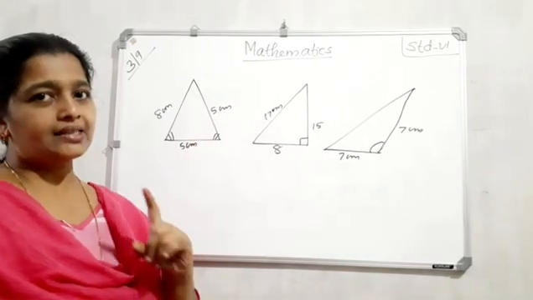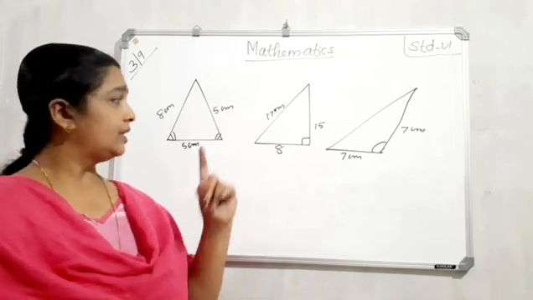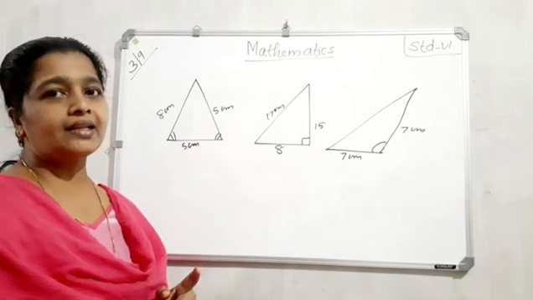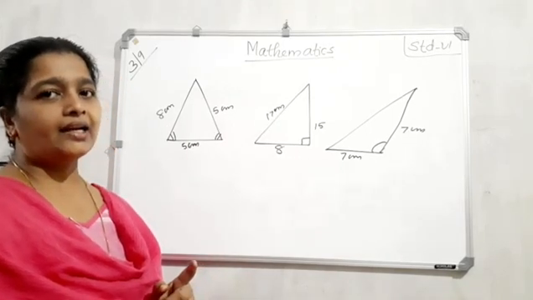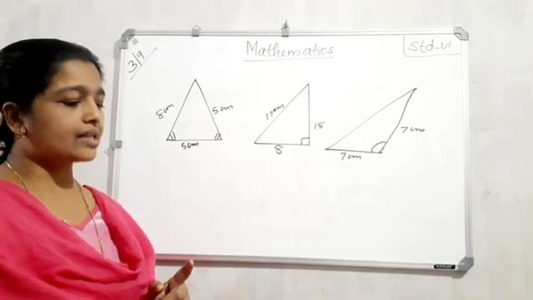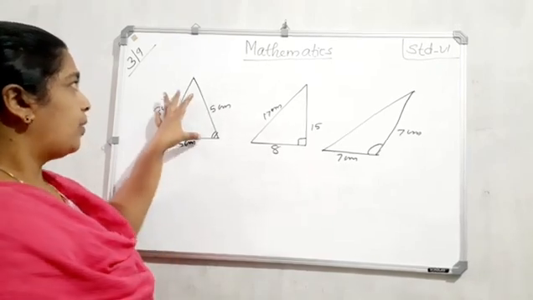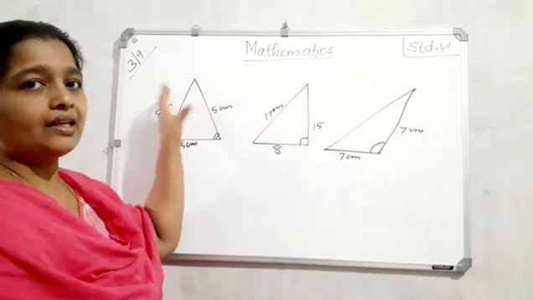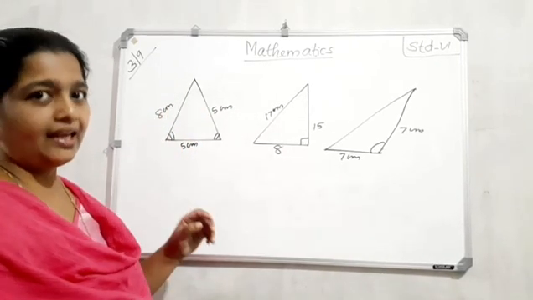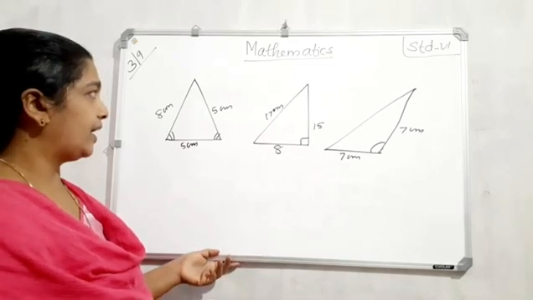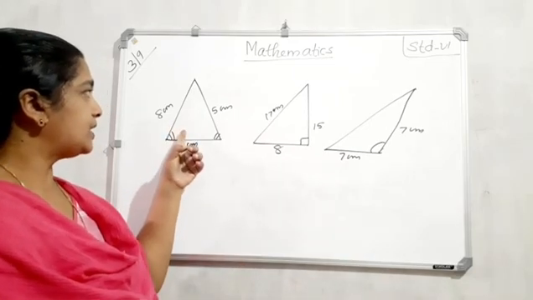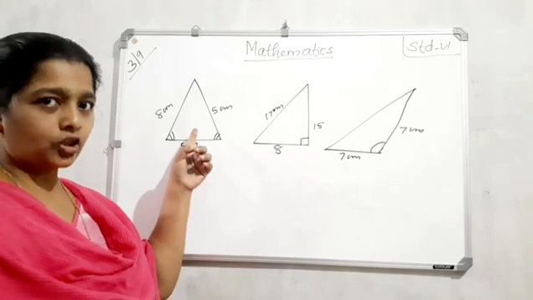So anybody can say, all the students say the answer. If two sides are equal, then that triangle is known as an isosceles triangle. Next, which type of angle is this one? The triangle is, say, acute angled triangle. So on the basis of angle, that is acute angle.